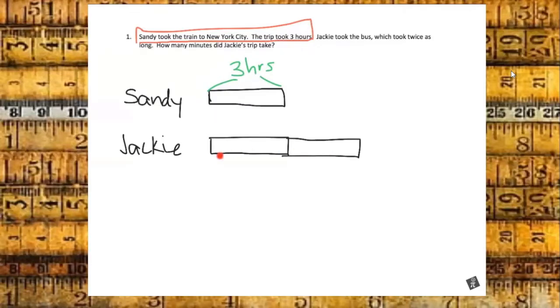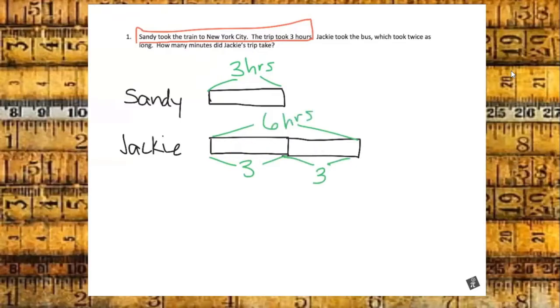You see Jackie's is twice as long. If this was 3 hours, this is 3 hours, and this is also 3. So Jackie has a total of 6 hours. Jackie's trip took 6 hours.